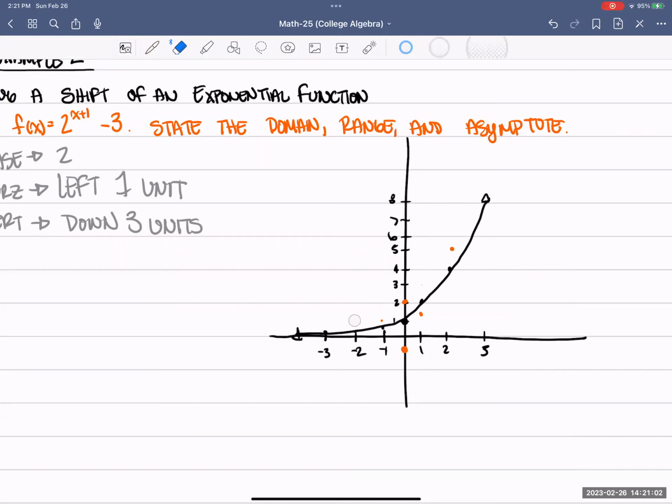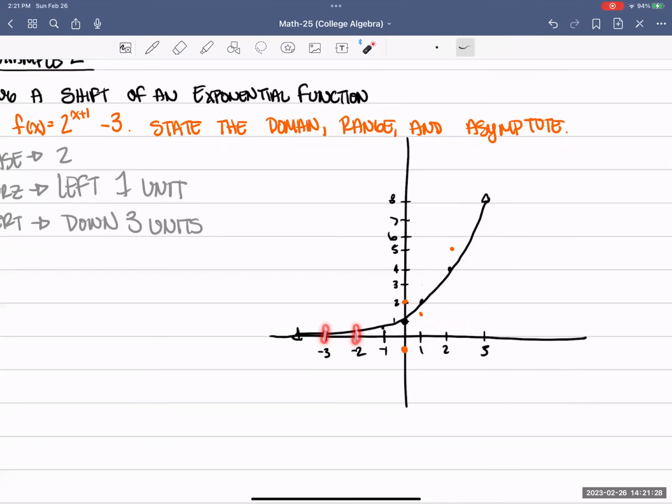And let's see what numbers would actually get us a better idea of what our graph is doing. So if we grabbed this one and shifted it left 1 unit, instead of using the numbers -2, -1, 0, 1, 2, we're shifting them left 1 unit.